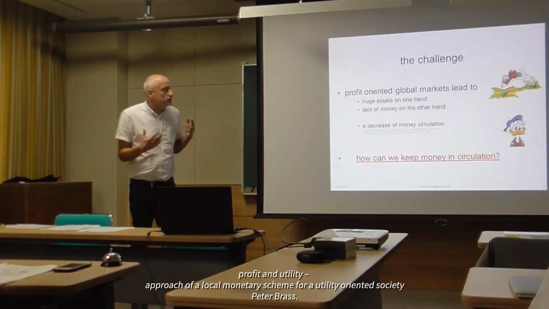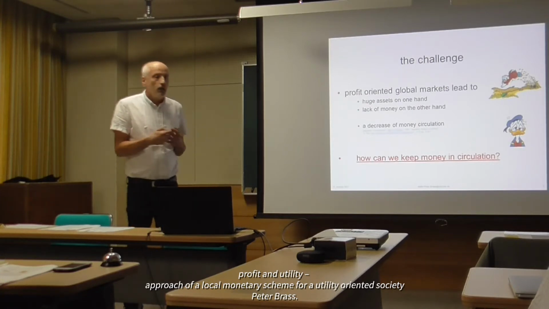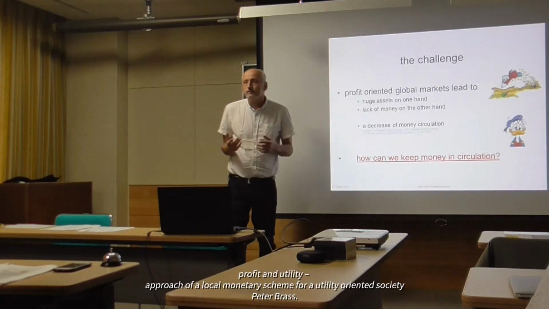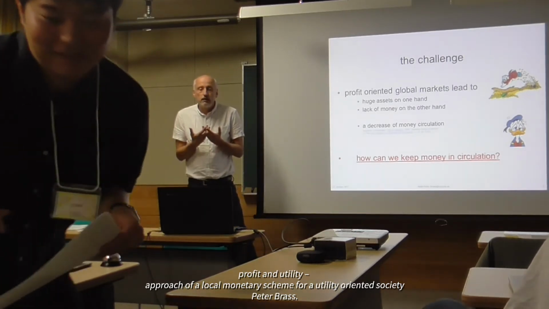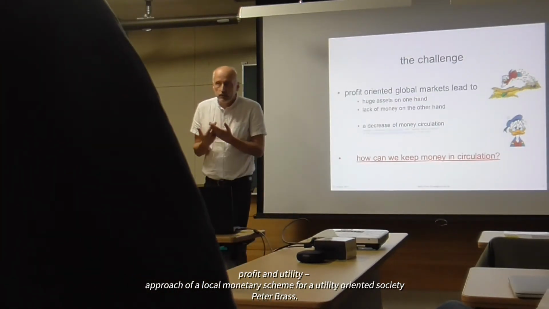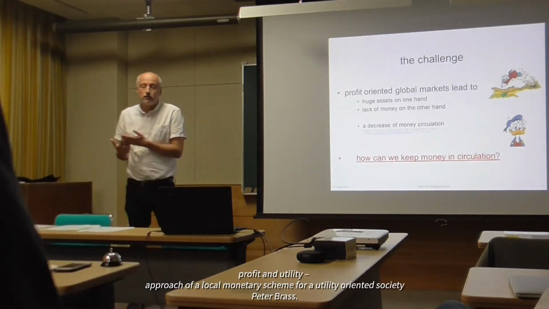The usual challenge which we have in the current profit-oriented system: we have huge assets on one side and a lack of money on the other side. This lack of money can disturb economic activities. It can even lead to a breakdown of the economy.